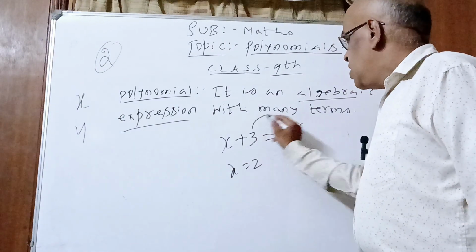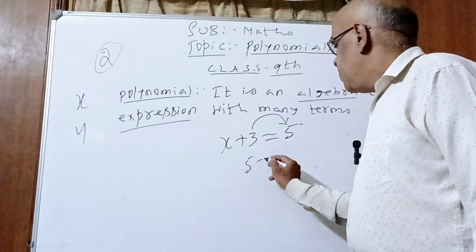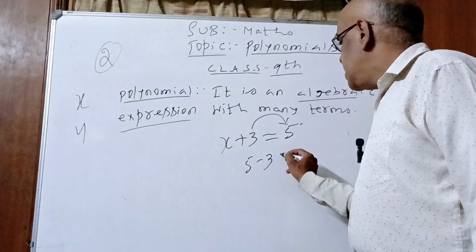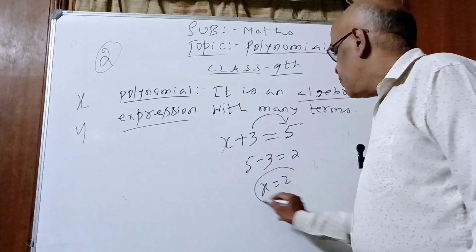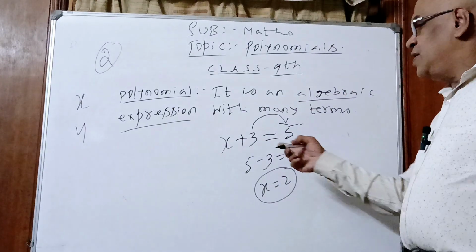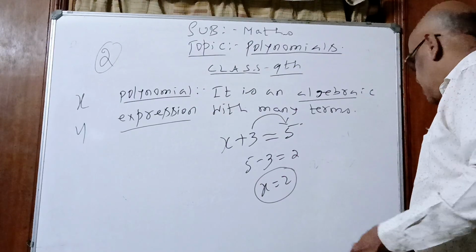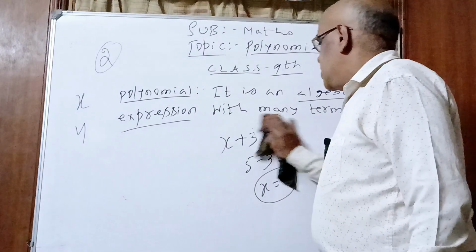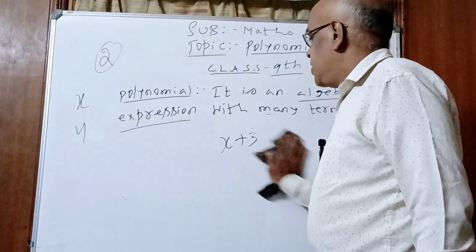How do we get it? We simplify a constant with another constant. You bring plus 3 to the RHS as minus 3, 5 minus 3 is 2. So x is equal to 2. This is called an equation, which has an equality sign. Otherwise, it is called an algebraic expression. x plus 3 is an algebraic expression.